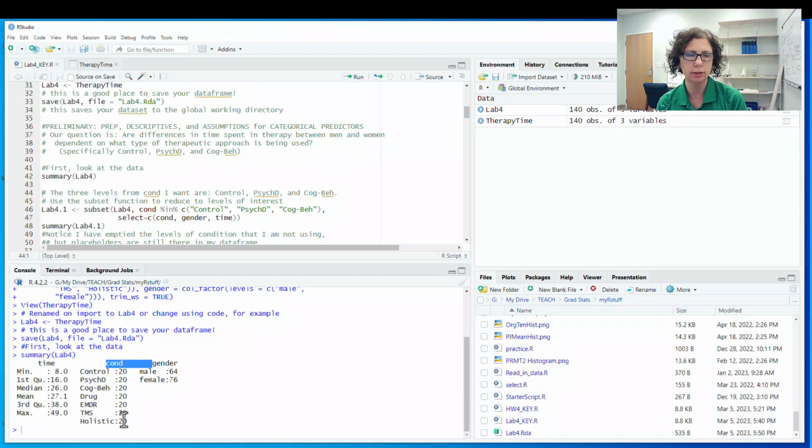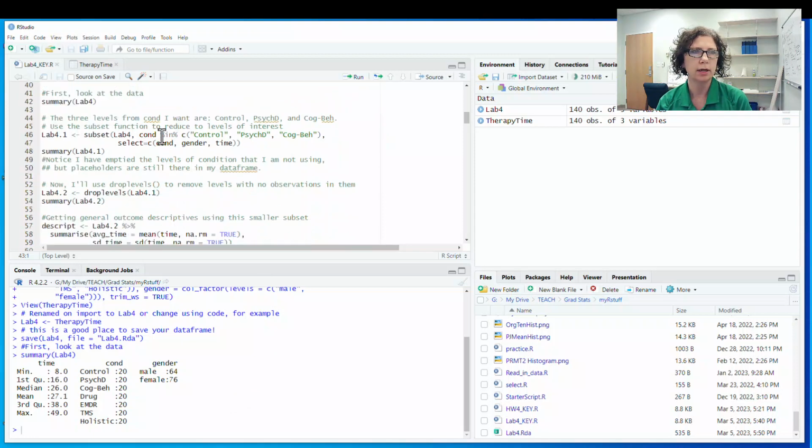And there's 20 participants in each of those conditions. And then for gender, I have male and female. So the 3 levels that I want from the condition categorical variable are control, psychodynamic, and cog behavioral.